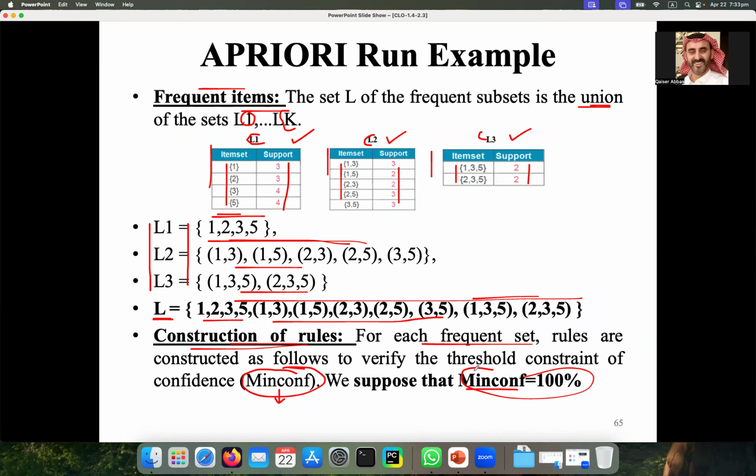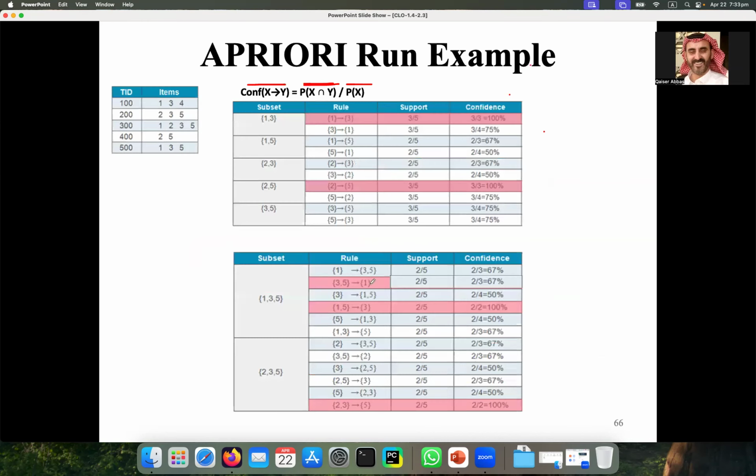Here we are taking the threshold that we will consider only those with 100% minimum confidence. The equation for the confidence is the same as you have seen on the previous slides: confidence of x implies y is equal to probability of x intersection y over probability of x, which is equal to support of x and y over support of x.